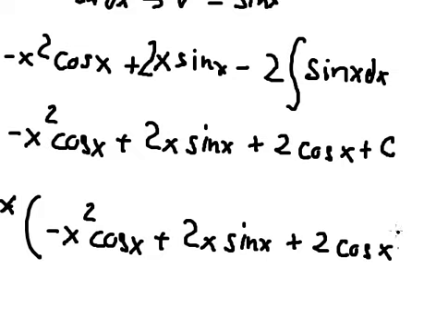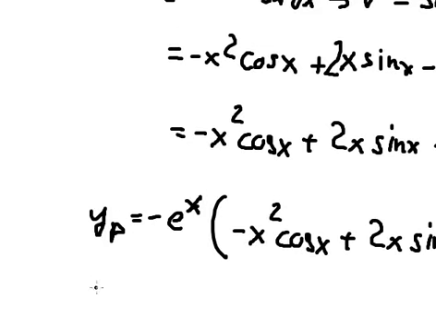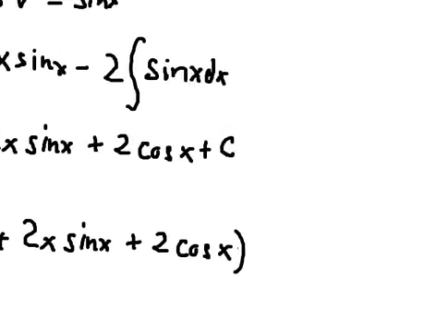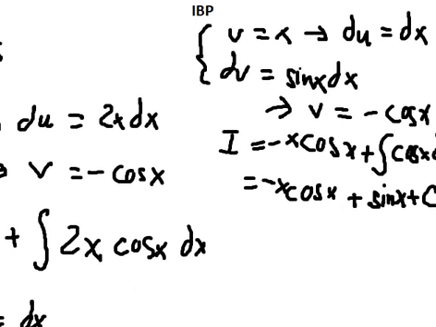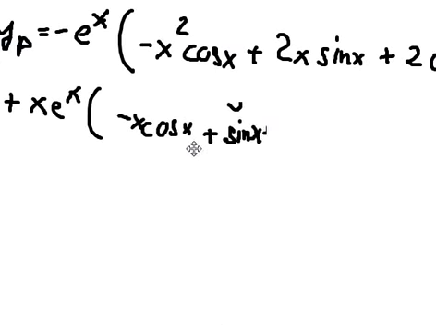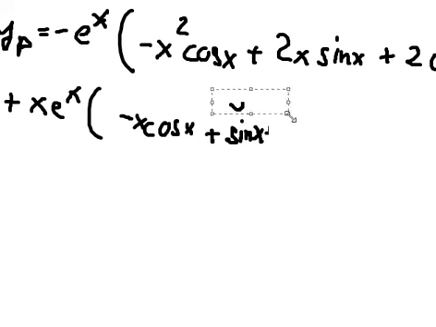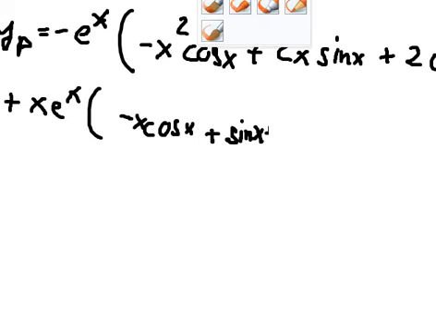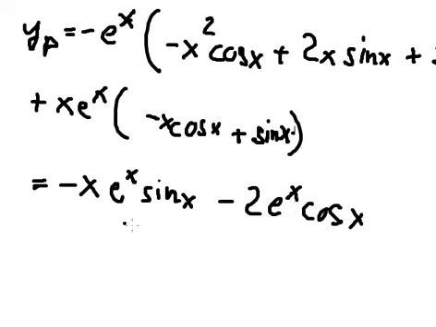And then we put positive s e to the power of s multiplied by this one. So we simplify, and we have this one.